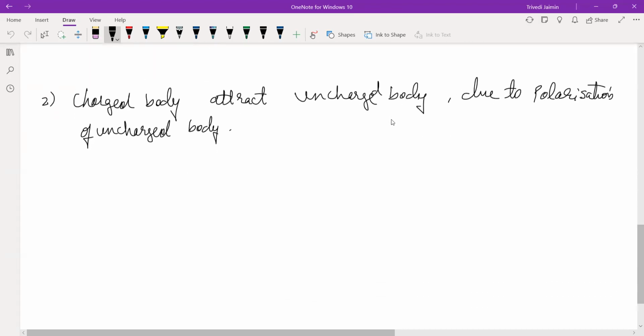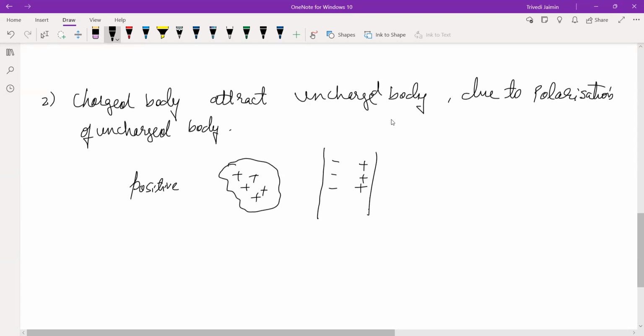Suppose this is some charged body, and this is the wall with some uncharged body here. We can say this is a positively charged body.